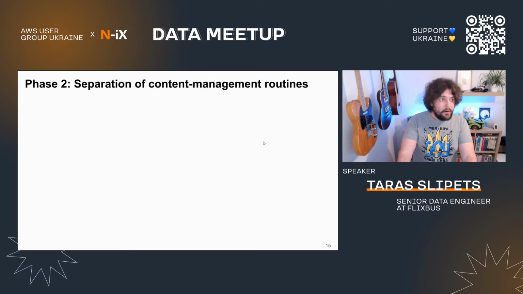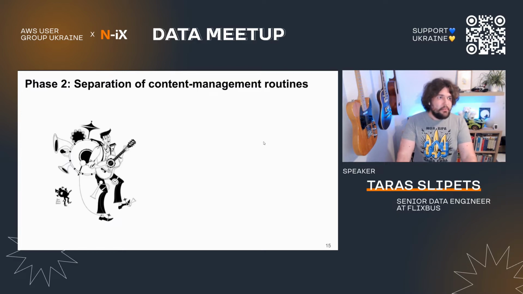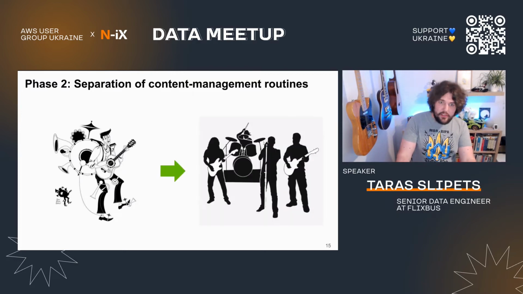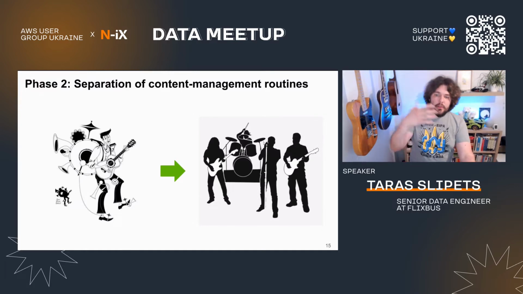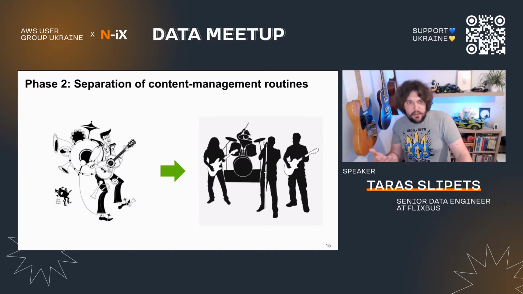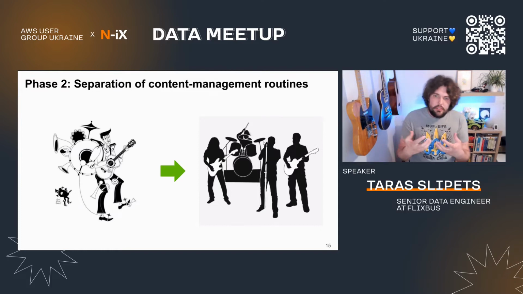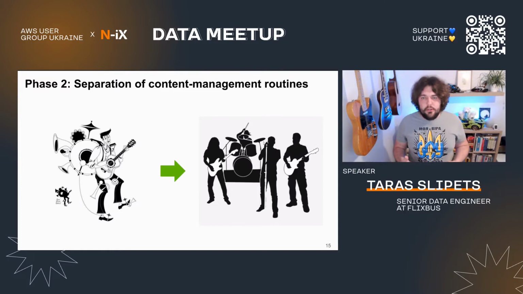Next part is that I actually want to separate my responsibilities, because when I had everything in one schema, it was sort of like the same people or similar people had to work on many things simultaneously, and we would like to structure it and actually reduce the cognitive load of the person.